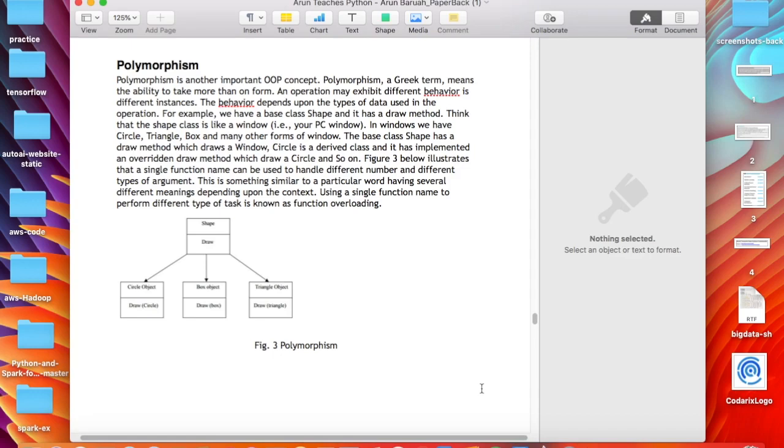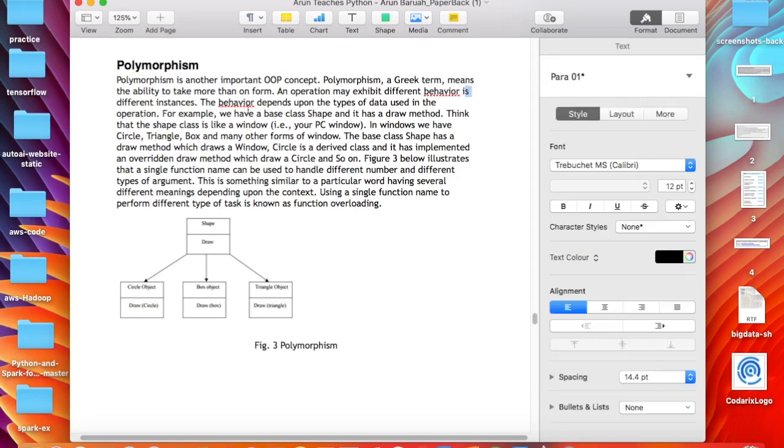It means the ability to take more than one form or many forms, and an operation may exhibit different behavior in different instances. So there is a spelling mistake here, I need to correct it. Anyway, I will do that. So the behavior depends upon the type of the data used in the operation.